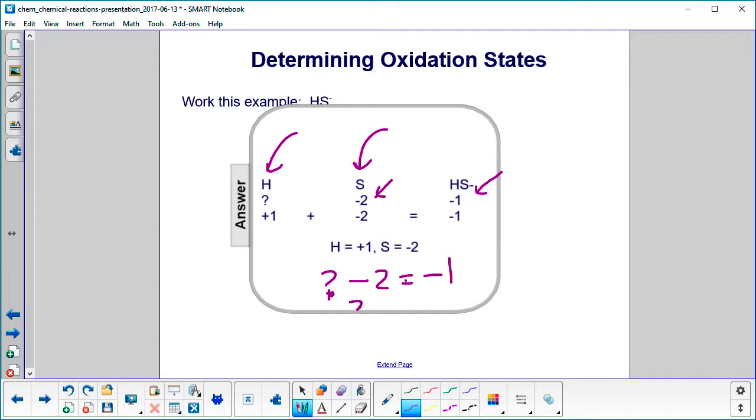So we do the math, my question mark equals -1 plus 2, and what do we get? We get 1. So here's our oxidation states. Hydrogen is +1, sulfur is -2. Sulfur came from the periodic table, hydrogen came from the calculation.